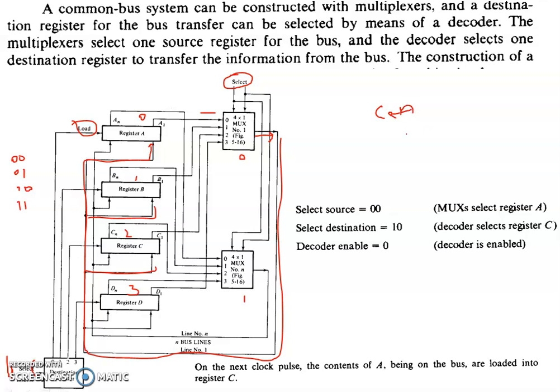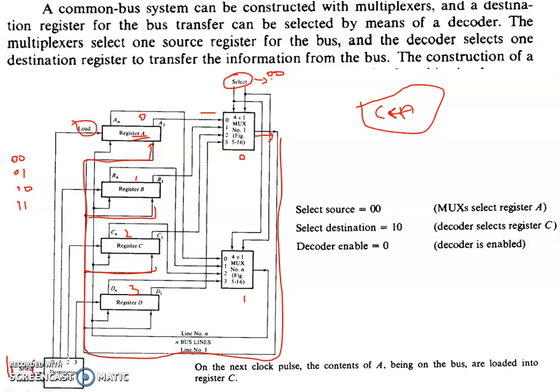Now if the micro operation is given as content of A transferred to content of C, that is, content of register A is loaded to register C, this can be considered a micro operation. With respect to the given diagram, how will the multiplexer choose the source? The source chosen needs to be register A. So the select signals on the multiplexer will be 0 0.